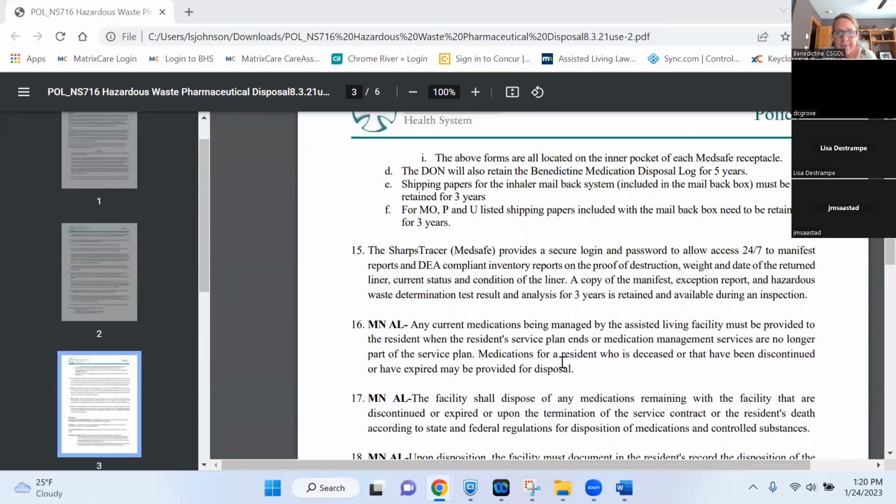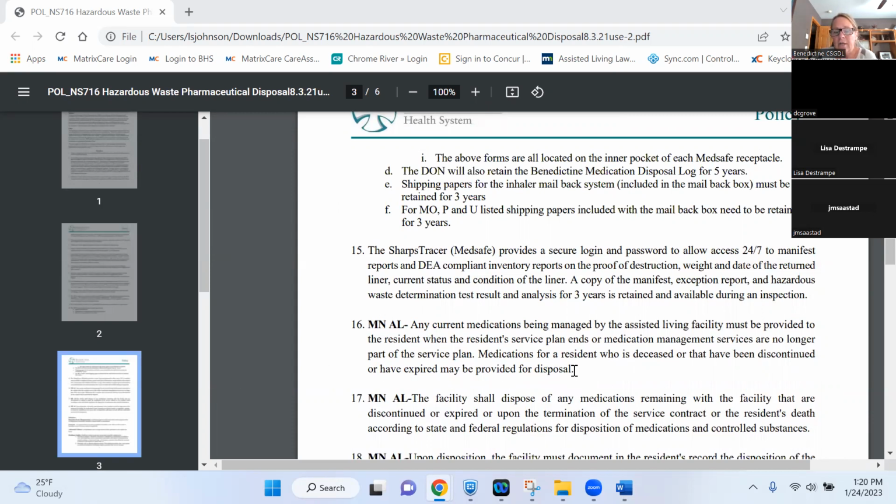We have to document all meds, whether they're going out of the building to another facility, whether they're going into MedSafe, whether they're going into the RX destroyer. You have to account for everything coming in and going out.